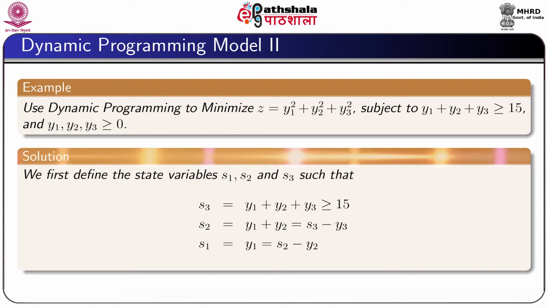To solve this problem by using the dynamic programming technique, we define the state variables s1, s2, s3 as follows. We take s3 equal to y1 plus y2 plus y3, which is greater than or equal to 15, s2 equal to y1 plus y2, which is equal to s3 minus y3, and s1 equal to y1, which is equal to s2 minus y2.